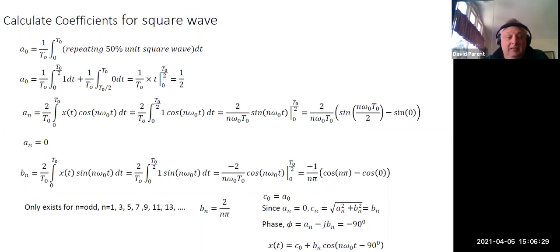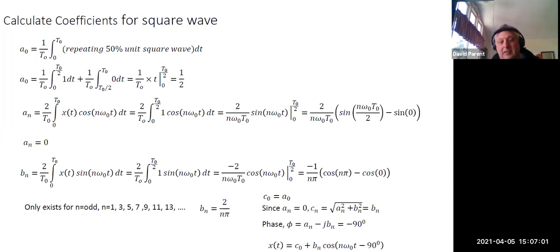All right, how many? Let's see. So we plug it into the B equation to find the spectrum of the B's. Same thing, we're only integrating up to half the period. And we get this equation where we have 0 to T naught divided by 2. So we have minus cosine of 0, so that'll always be minus 1.